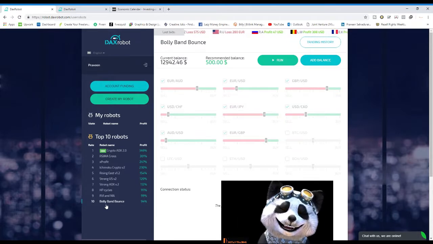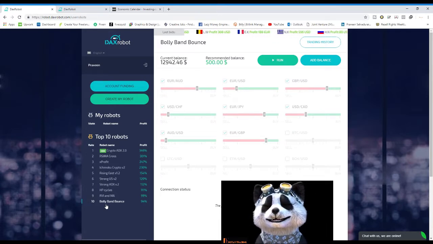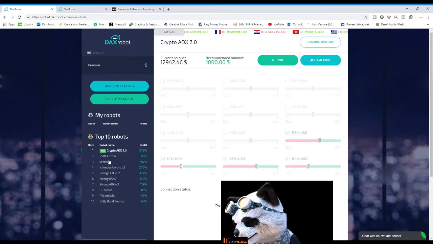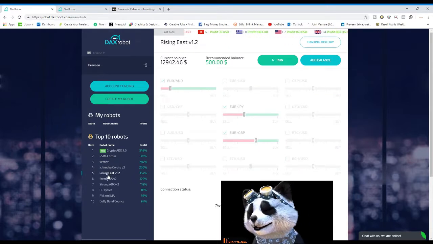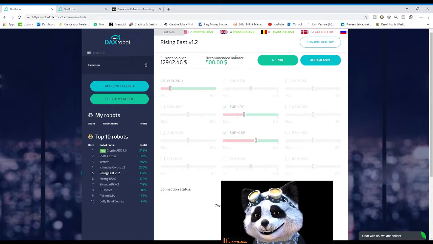So how do you trade? Let me make it very simple, guys. It's very easy to use the DAX robot, but you have to pay attention to how to use it. You have to choose a particular robot from here, whichever suits the robot that you want to trade. When you are choosing a robot, keep in mind the recommended balance.